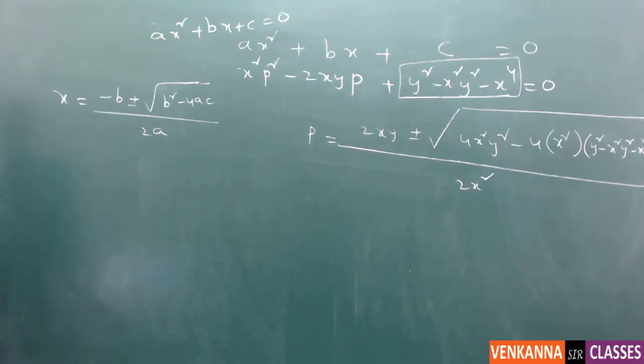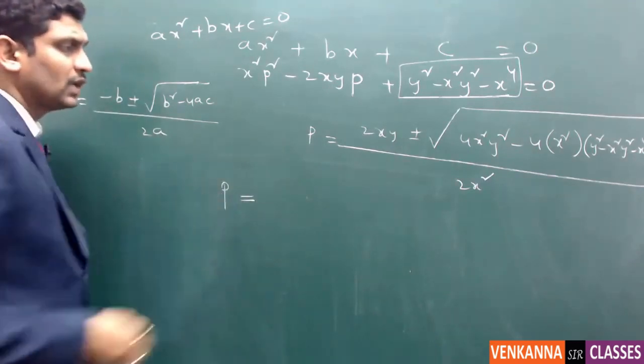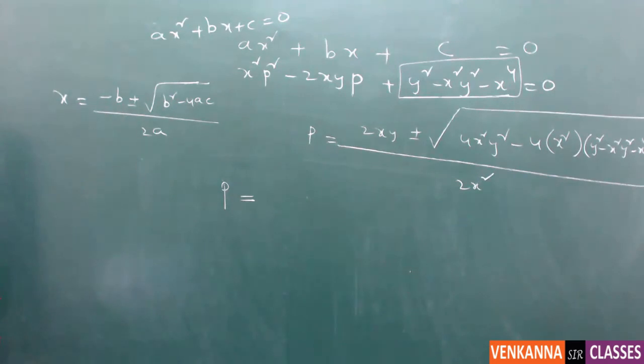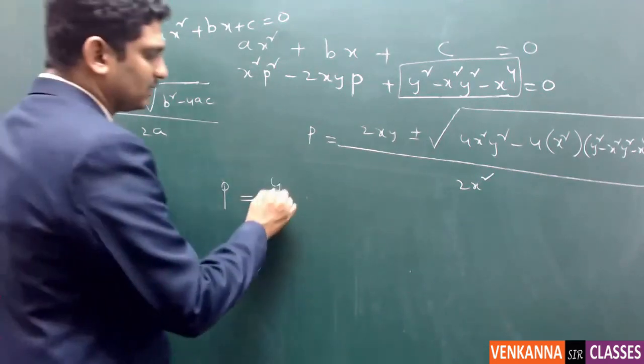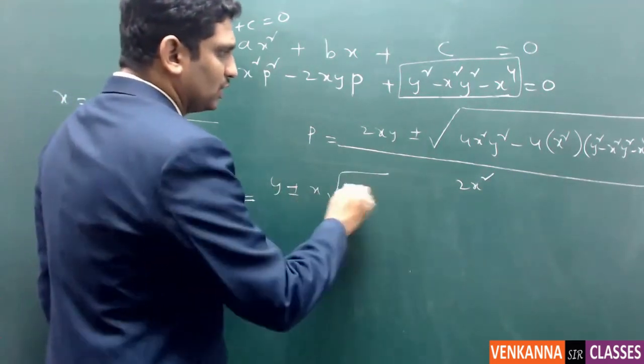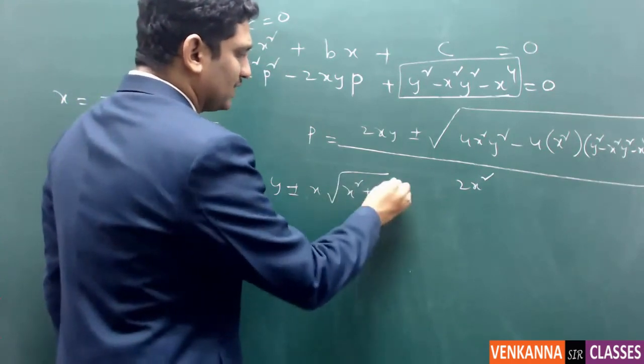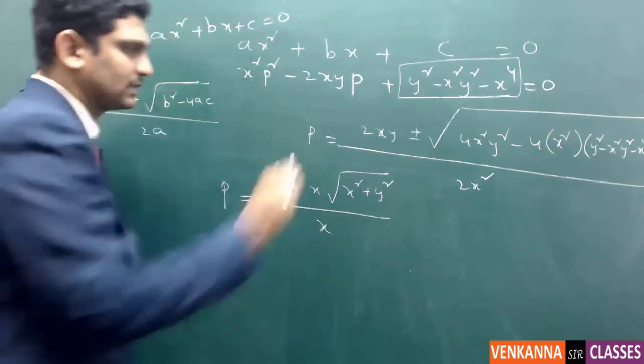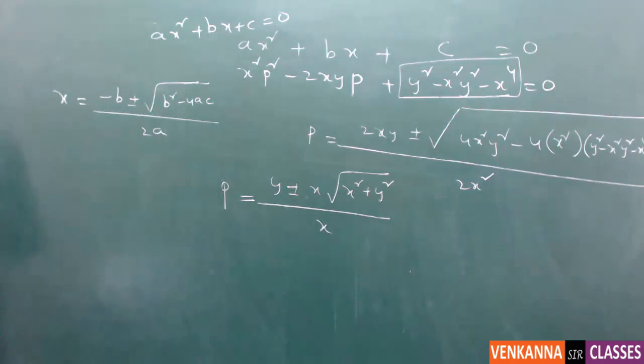If you simplify the square root part, after cancelling all the values, p is equal to y plus or minus x into square root of x square plus y square by x. Please check. I have cancelled the square root values.